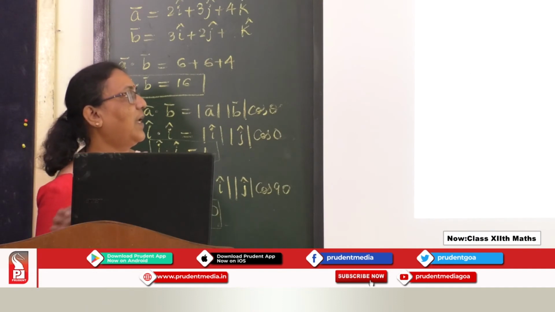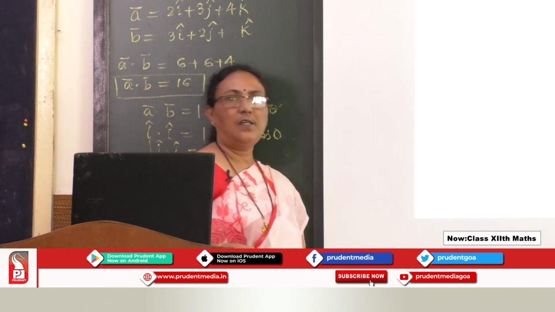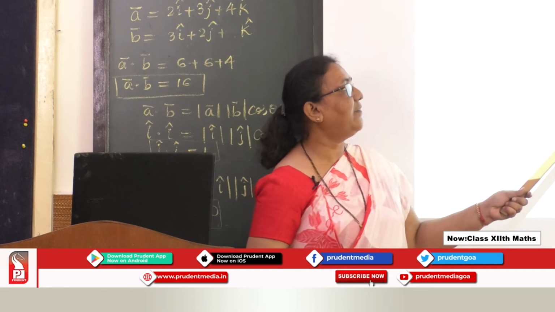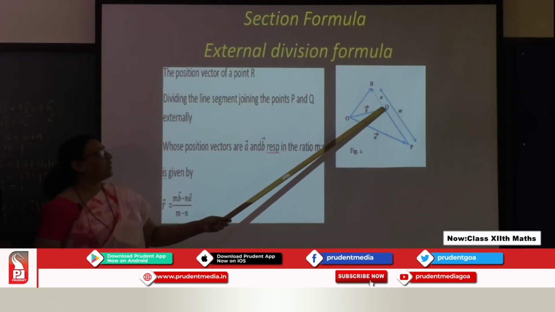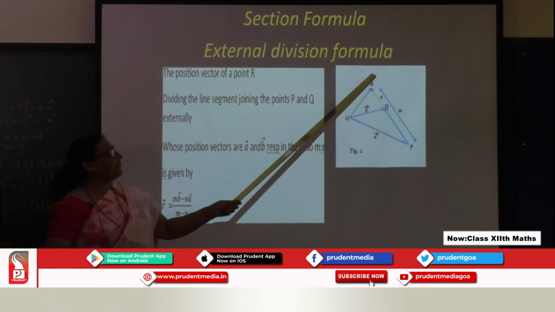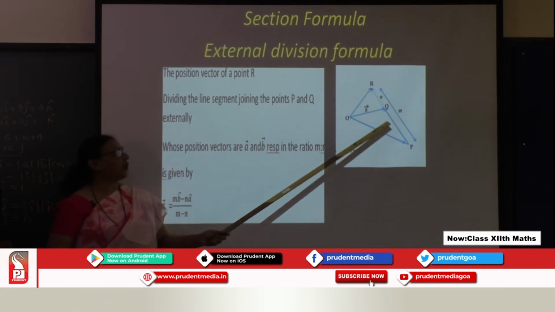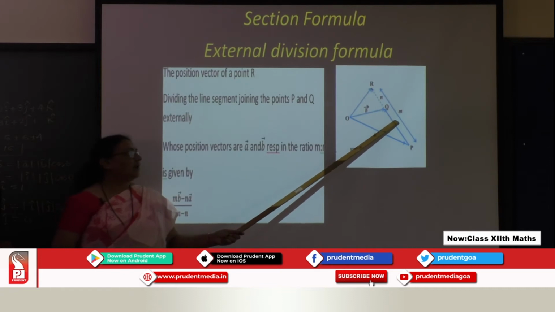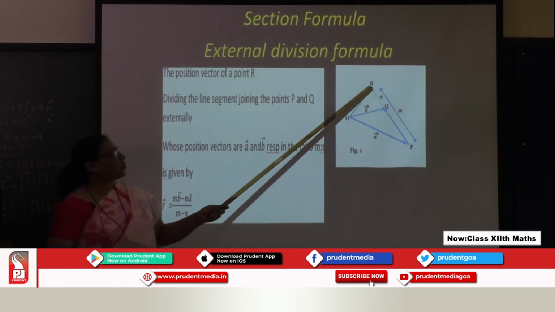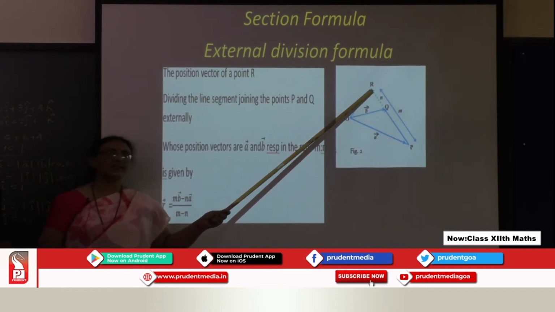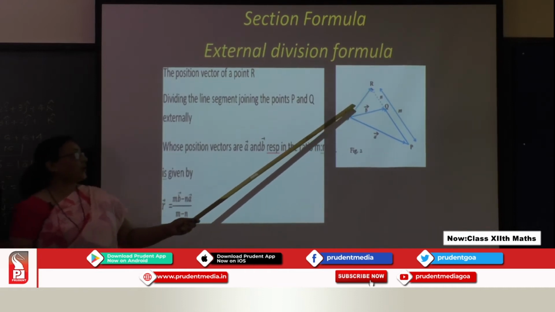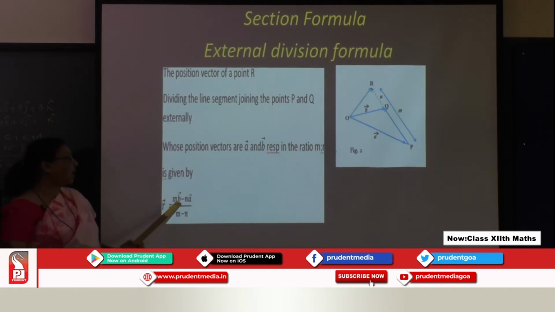External division formula. Now see here, in the external division formula, R divides segment PQ in the ratio m:n. Have you seen that R is outside this vector? R divides externally, it is outside. Then the coordinates of that point use the same formula, but in between a minus sign will come.